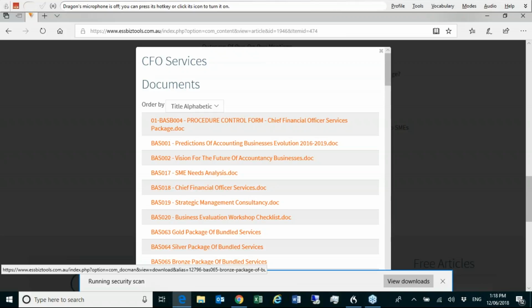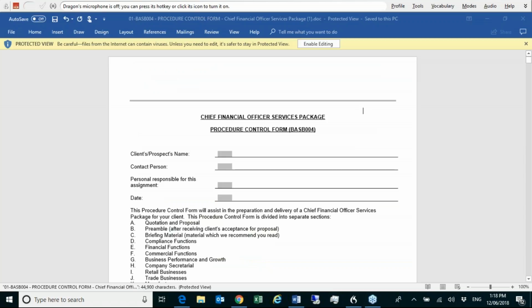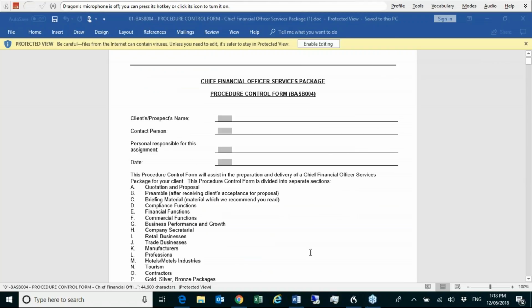This is the biggest single product within ESS BIZTOOLS. This is a very big subject, because what is Chief Financial Officer Services can cover a lot of areas.